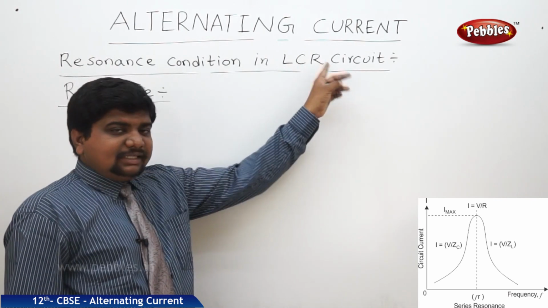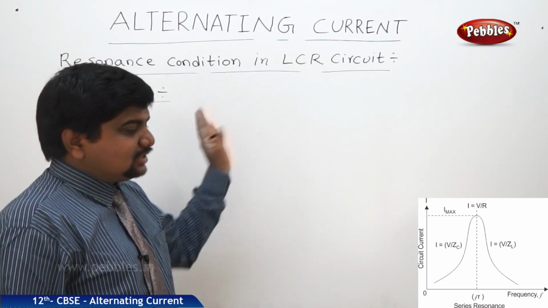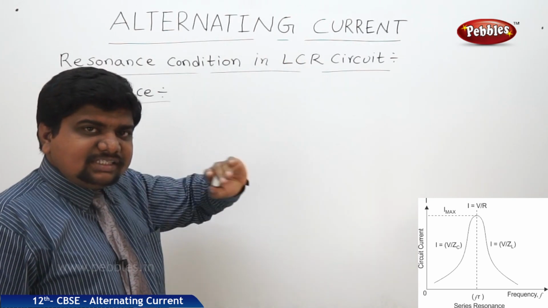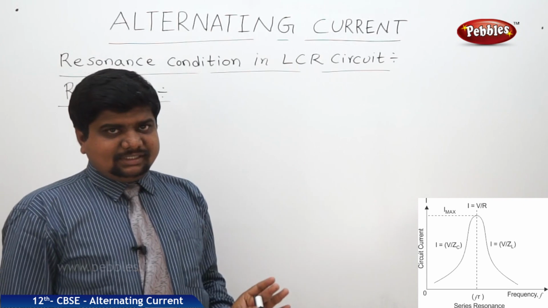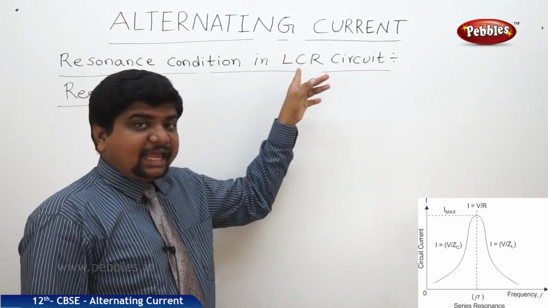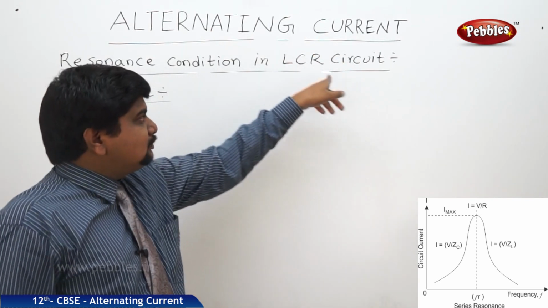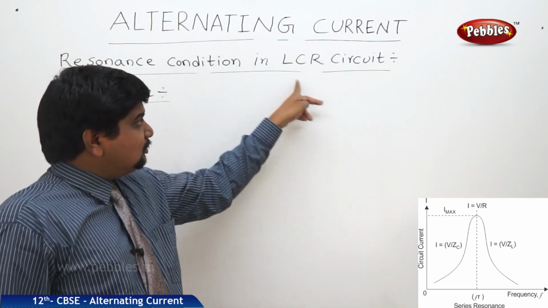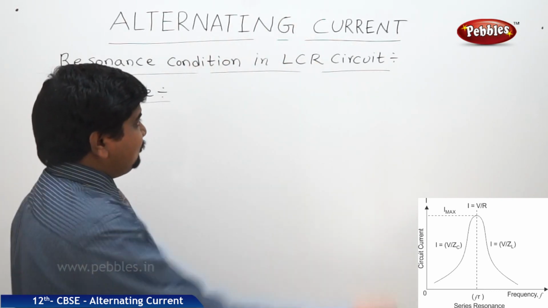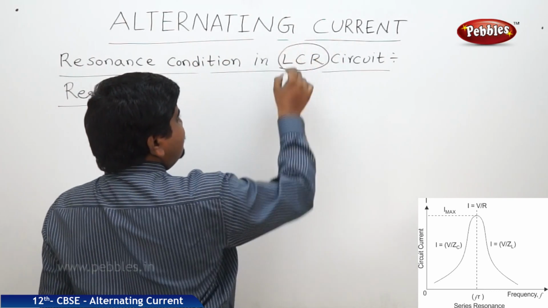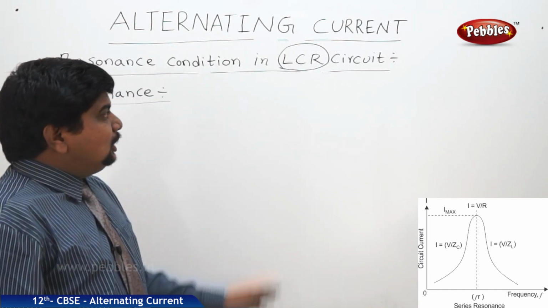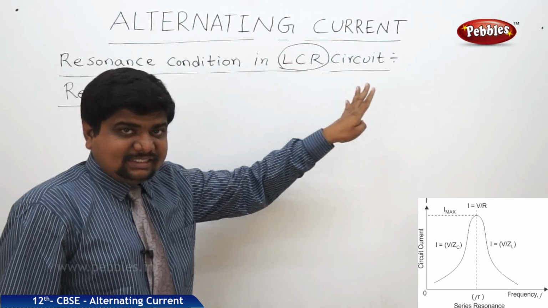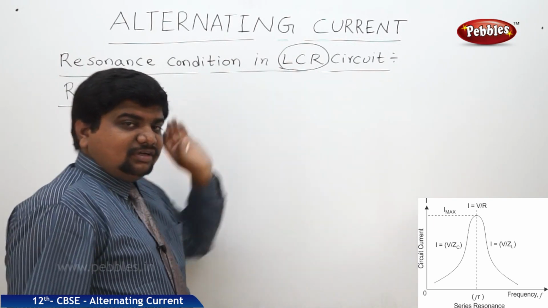When inductor, capacitor and resistor are connected in series to an AC power source, these LCR circuits have a tendency to oscillate at particular frequencies. This tendency is natural, not forced. So the frequency at which it oscillates naturally is called the natural frequency. That means, I am repeating again, the LCR circuit has the tendency to oscillate on its own at certain frequencies. This frequency is called the natural frequency.